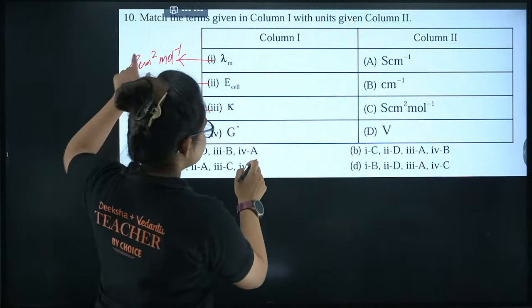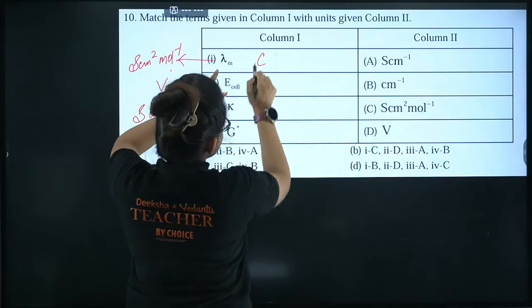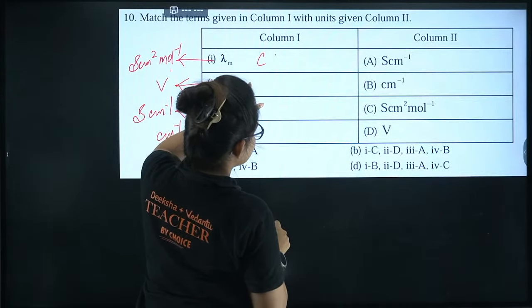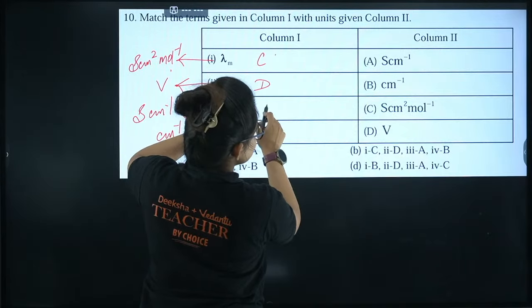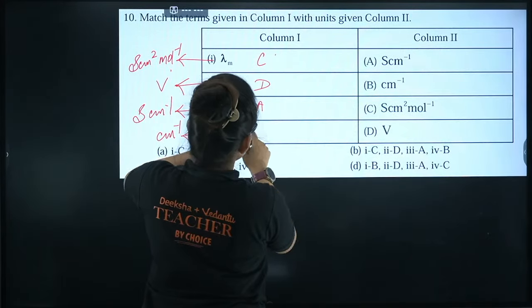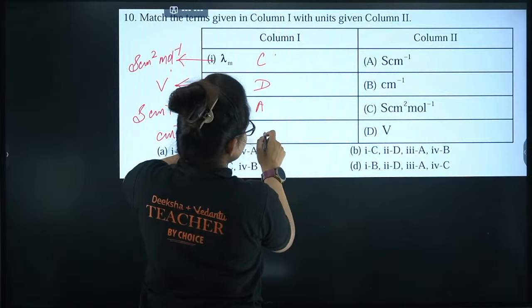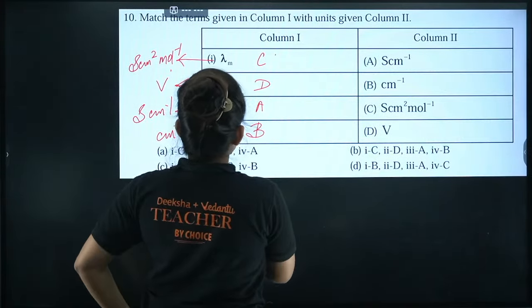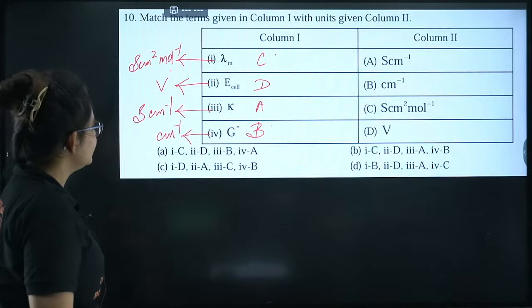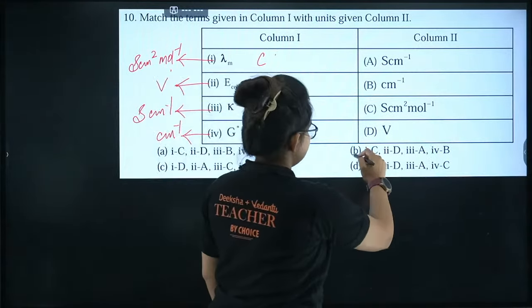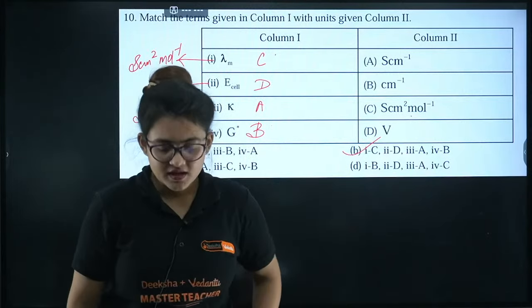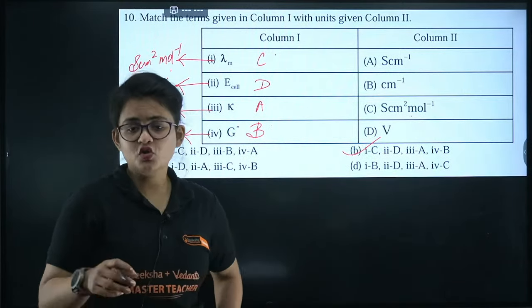Okay, let me just match them. I guess this question came in your preparatory examination, if I'm not wrong. Kappa is basically A, right? And G star is going to be B. 1C, 2D, 3A and 4B. Yes, option B is going to be the correct one. I guess it's clear to you.